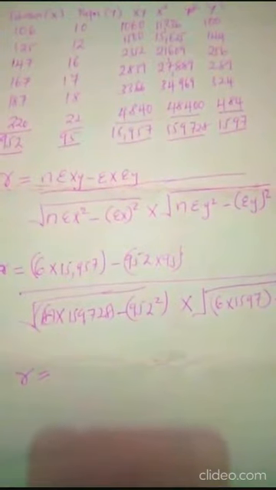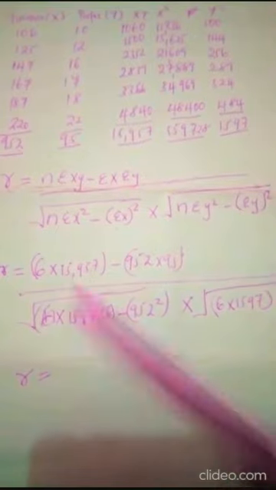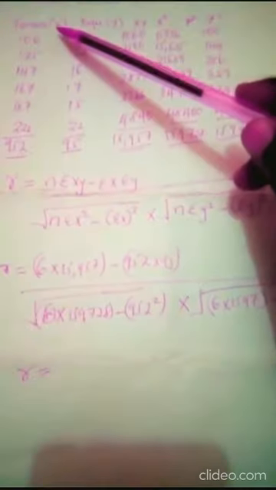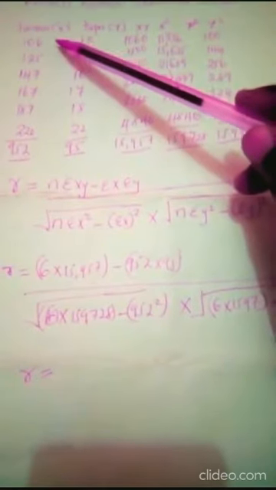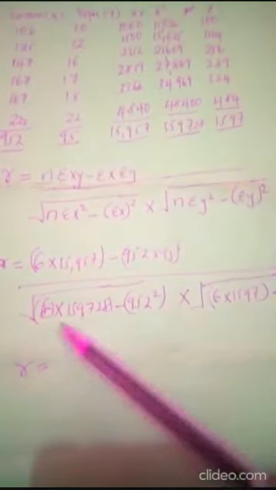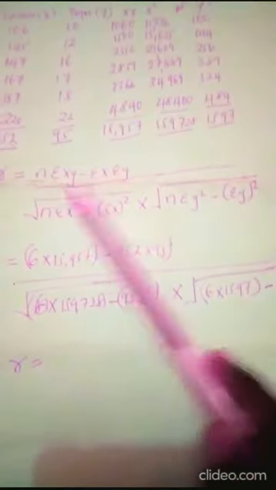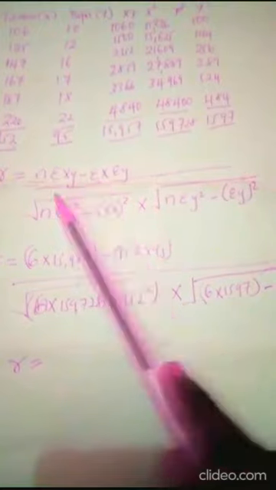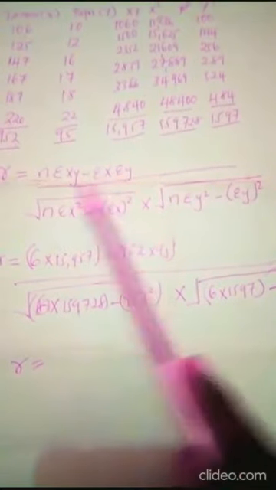You get the n by counting the number of items that you have, 1 2 3 4 5 6. So 6 is the value of n, and you replace the 6 in the formula.